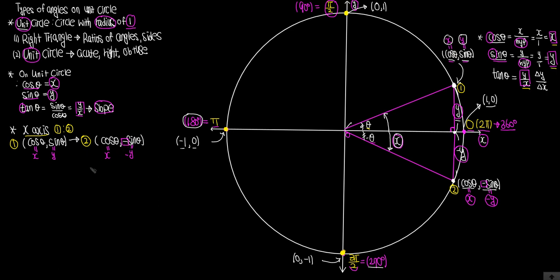So we can realize that if the two coordinates are x-axis symmetrical, the only thing that is different is the y value's sign. And this was the first expression or information that we gained from this coordinate, and the angle measurements for theta as well as negative theta.